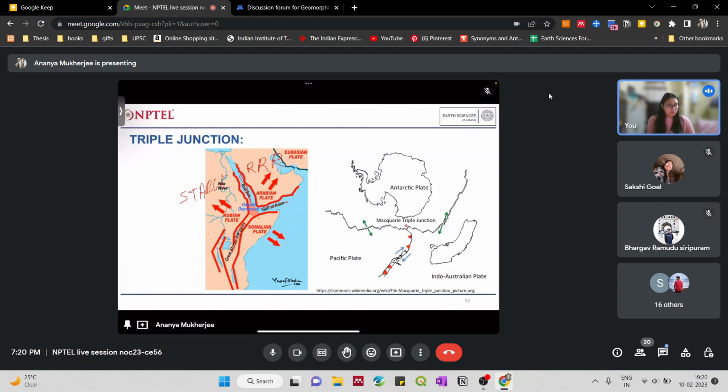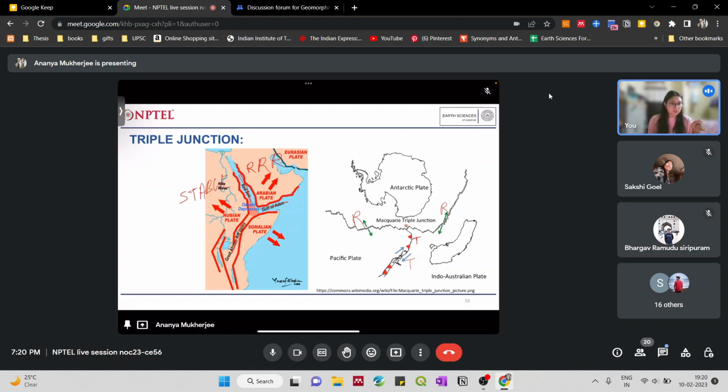Over here you have the Macquarie triple junction, that is between the Antarctic plate, the Pacific plate, and the Indo-Australia plate. Okay, over here you can see that this is an R, this is an R. Okay, and there is a T over here. T means trench.